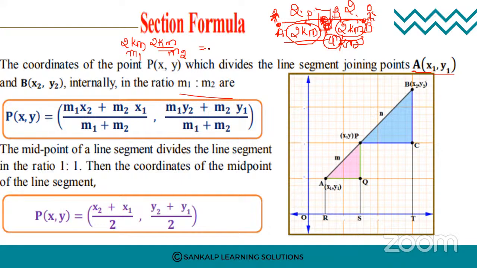So how do you write that, I am going to write this as m1 is to m2, right? We write m1 is to m2.